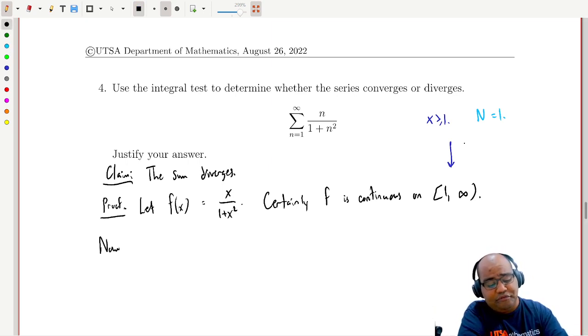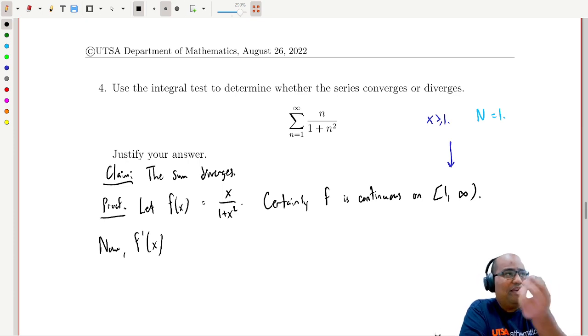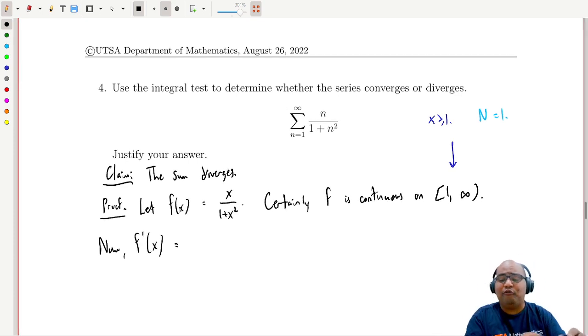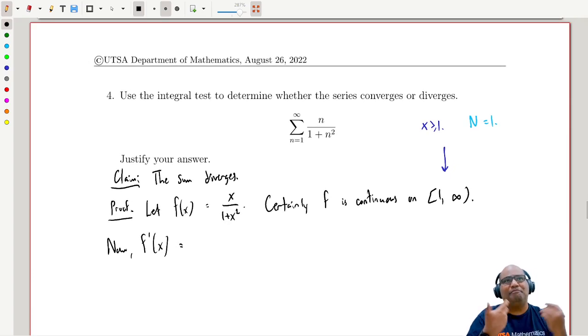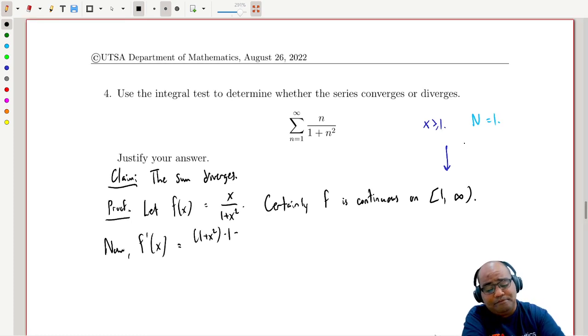So now let's take the derivative. We're going to go ahead and use the quotient rule from calculus, so give yourself a refresher on the quotient rule if you need to, but I've always said it the same way for 12 years at this point. Quotient rule: we have the bottom times the derivative of the top, the derivative of x is just 1, minus top x times the derivative of the bottom.